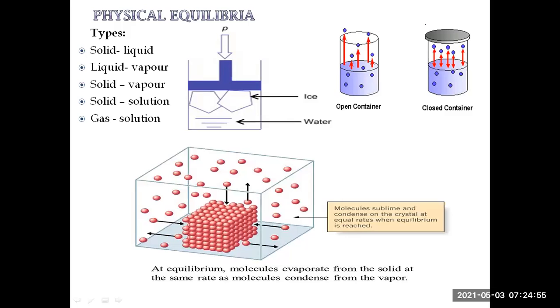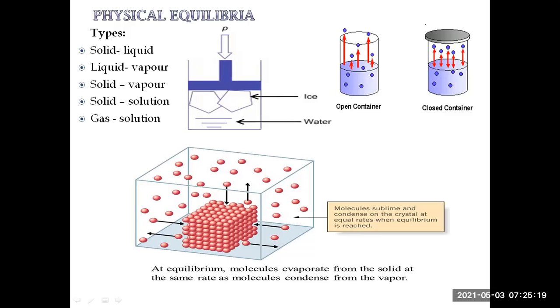Similarly, sublimation. First one, ice, what has been taken is solid liquid equilibrium. Next, it is liquid gas or liquid vapor equilibrium. The third one is sublimation. Say, for example, you have taken some camphor or solid iodine. They are sublimable solids.